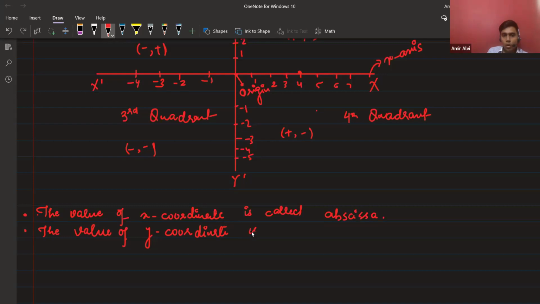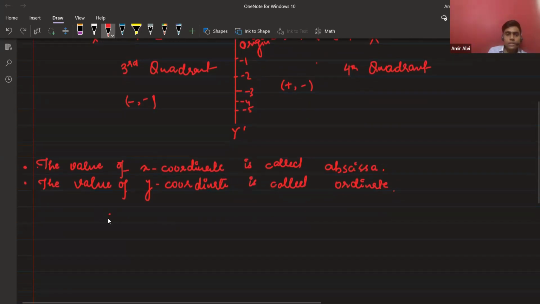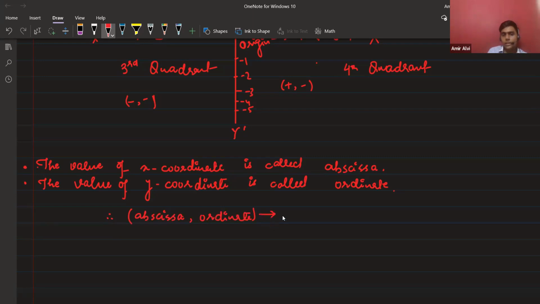Ordinate. And if you add abscissa and ordinate, basically the pair of x and y, you will get coordinates.